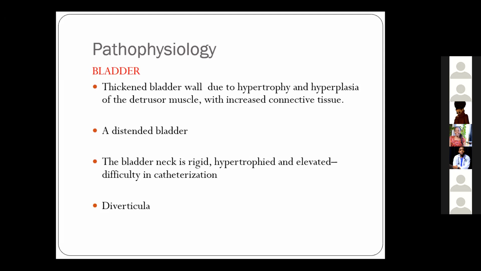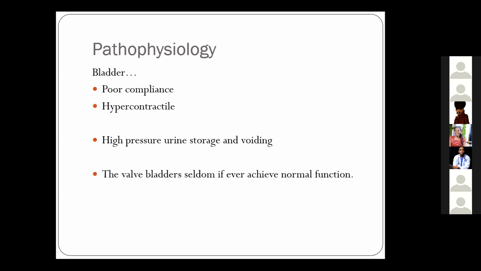And all this is because there's obstruction from the posterior urethral valves. Of course, sometimes you can have diverticuli. And we shall see that these are some of the mechanisms the urinary system may use to reduce the pressure. So sometimes, because of the obstruction, you may find bladder diverticuli.